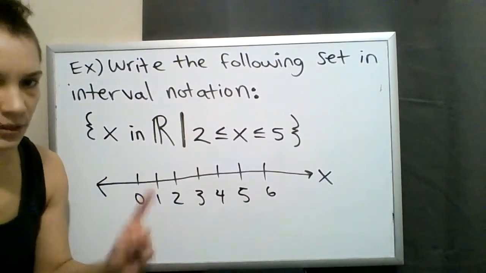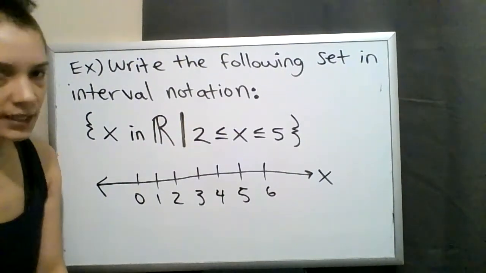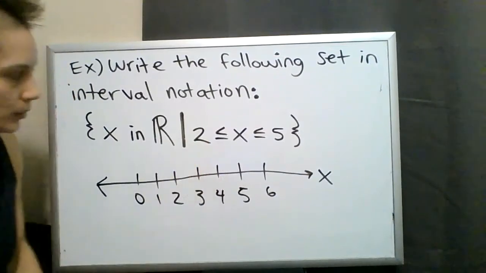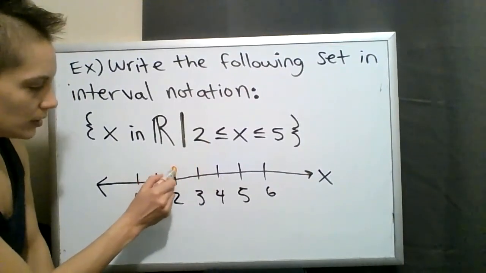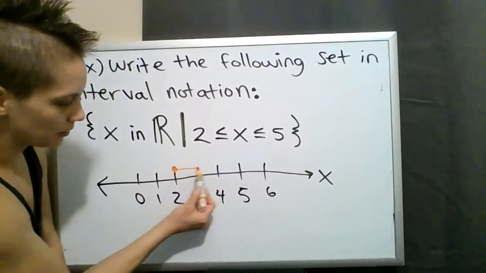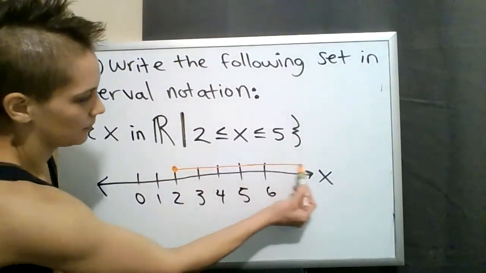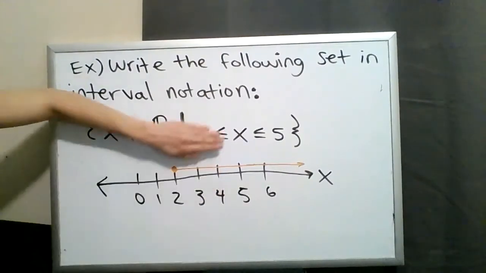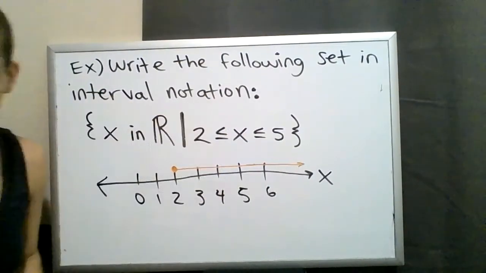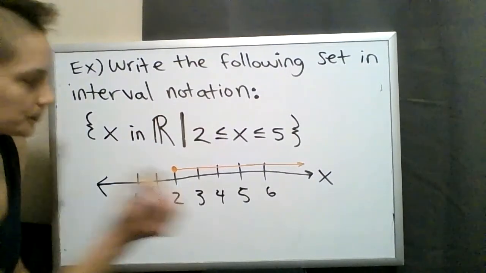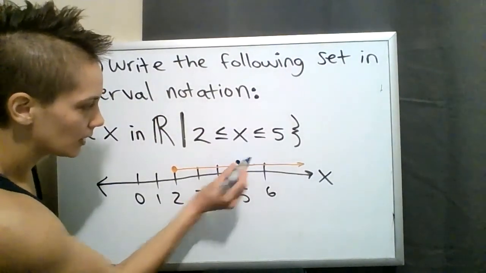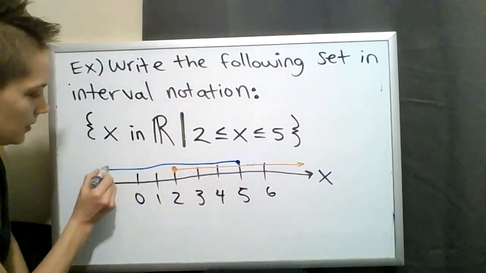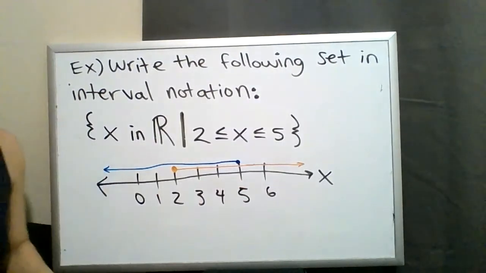So one way to solve the problem is to look at that first statement, x being greater than or equal to 2. So you would include 2 and go greater than 2. The other part is x less than or equal to 5. So you use 5 with a solid dot and go less than that number and equal to.